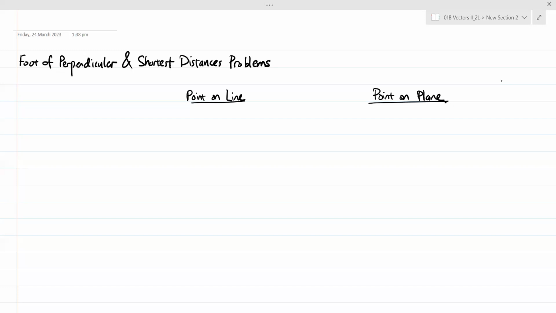Okay, now I already have an expression for PN, so let me make use of it. So A plus lambda M minus P, whole thing dot M equals to 0.